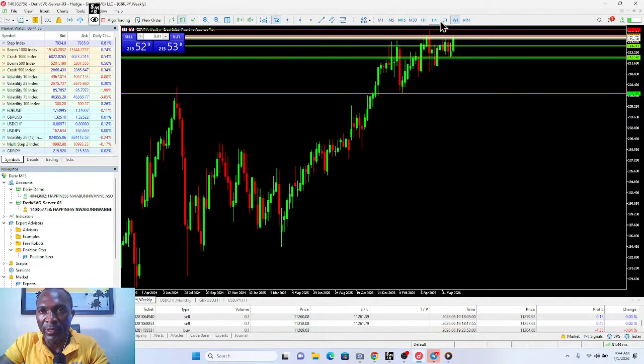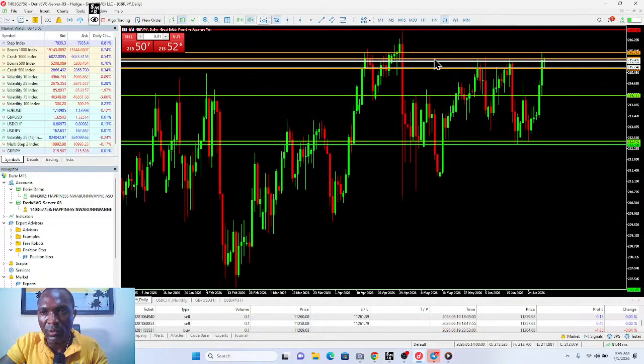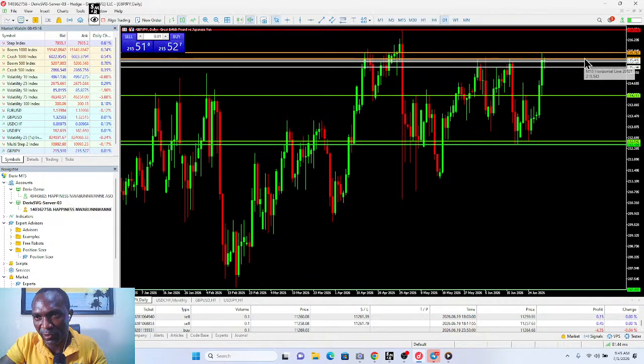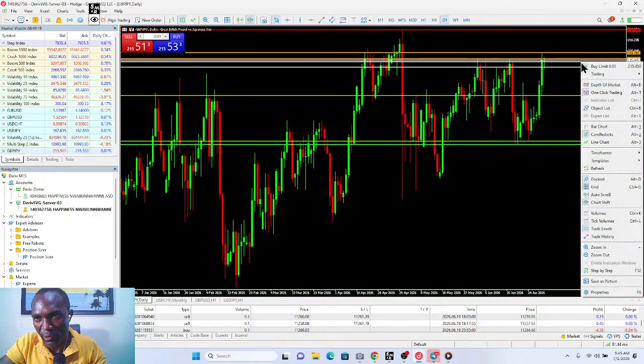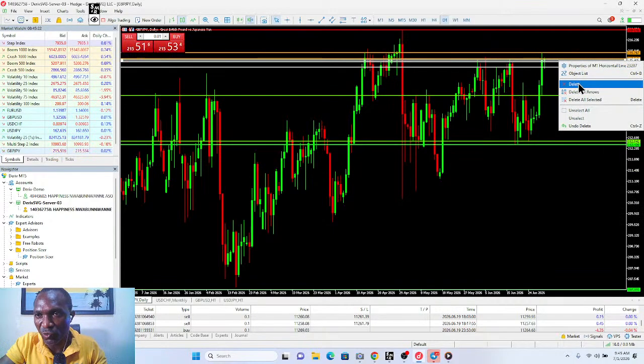Let's get rid of the lines again. Some of the lines on the daily are still there. Let me delete this. So we are doing analysis because we want to take another trade.